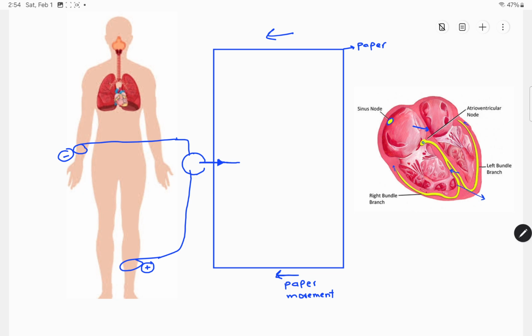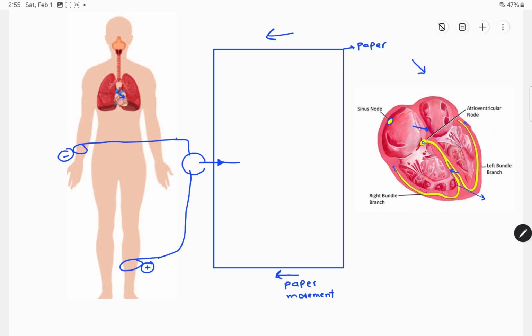Now, when there is electrical activity in the atria, it will be like this. We have a positive electrode there, and the electrical activity is also moving along that.